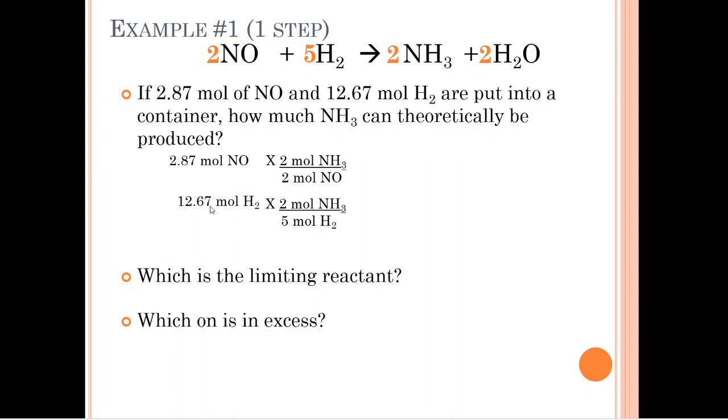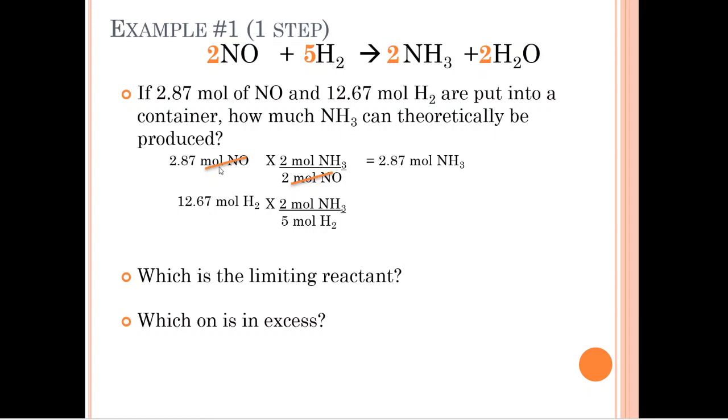For the bottom one, the units we have is moles of H2, and the units we want is moles of NH3. Moles of H2 will cancel, and we're left with moles of NH3. Here we have 5 moles of hydrogen and 2 moles of NH3 from our equation. Again, these will cancel to leave moles of NH3, and this will give us 2.87 moles of NH3.